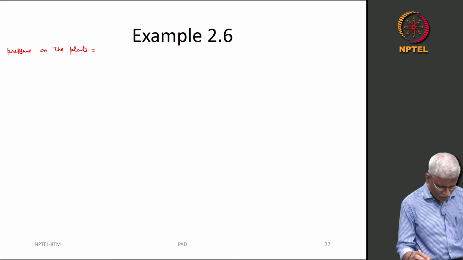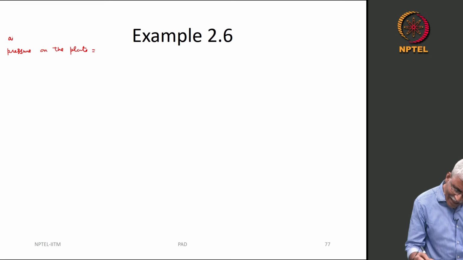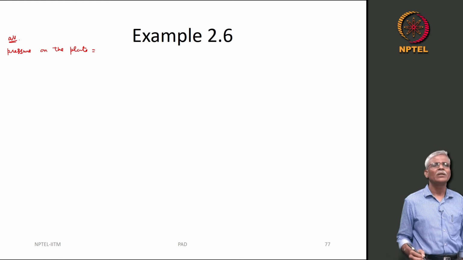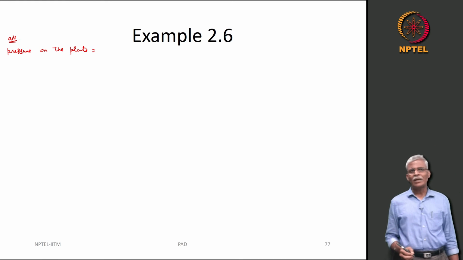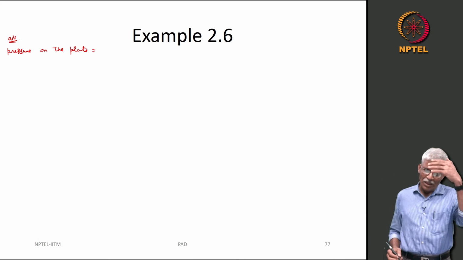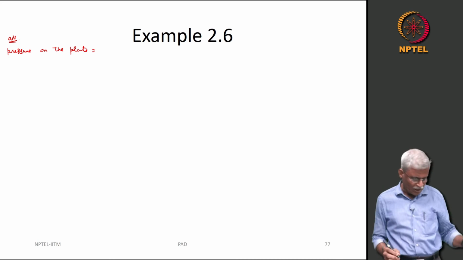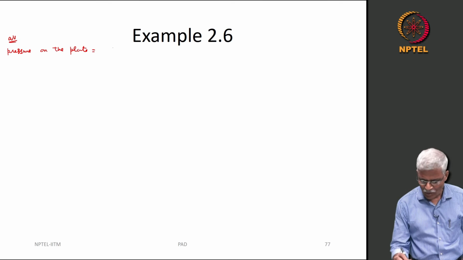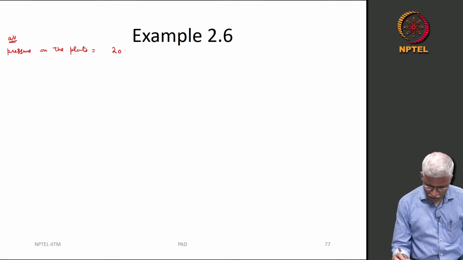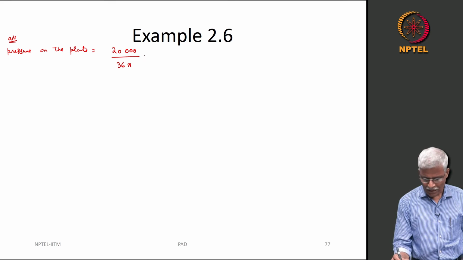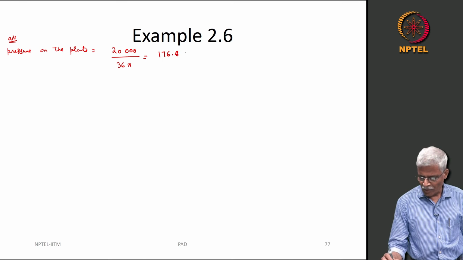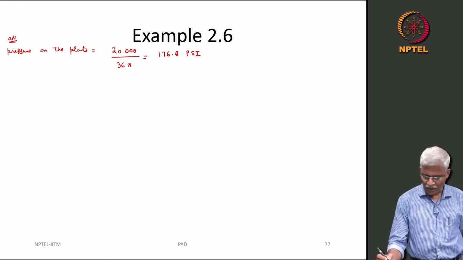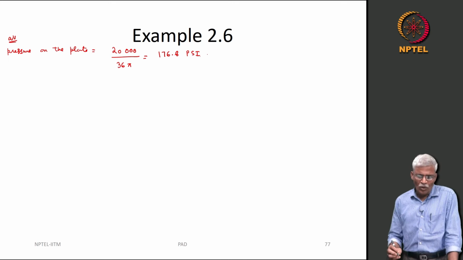I am talking in terms of the average pressure, because your rigid plate might actually have a pressure distribution. So, I am going to write it this way. So, it is going to be 20,000 divided by 36 pi, and that gives 176.8 psi. Okay.